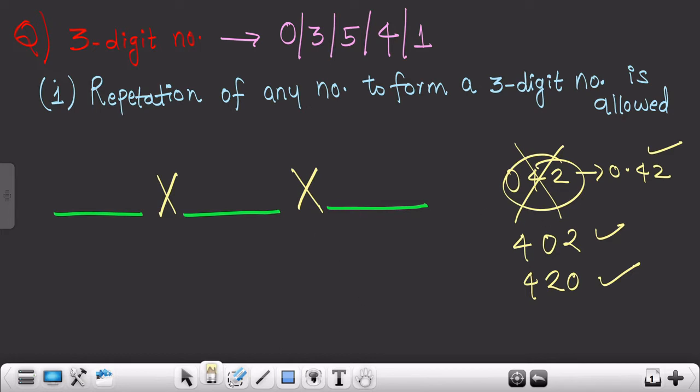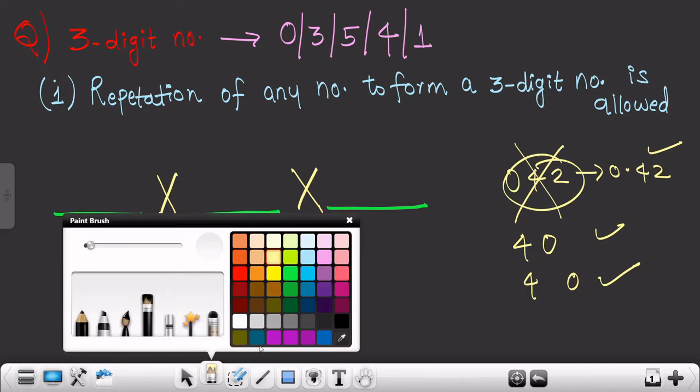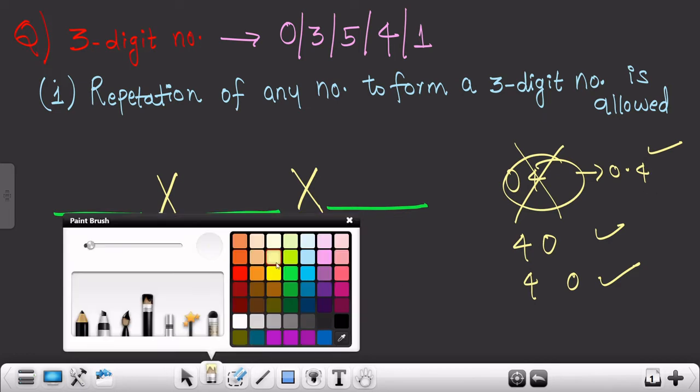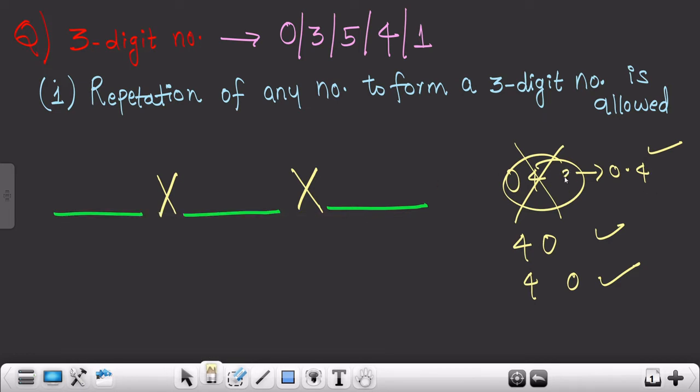Oh, here 2 is not there. I had not taken 2 in this particular case, so maybe we will take 3. That will do. Just a second, I'll erase this as well. You will never see such a number as 043, because 0 will never come at the very first place.